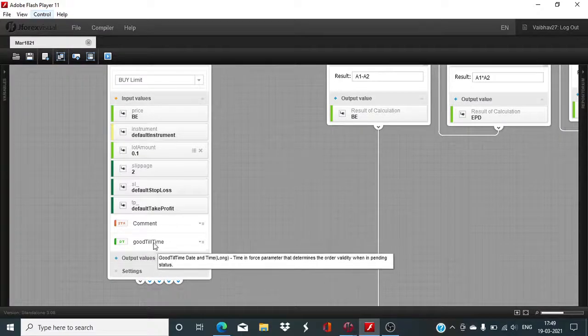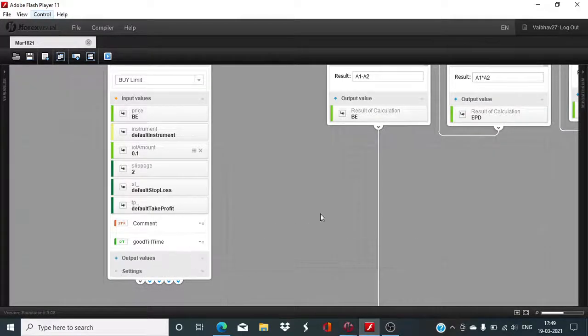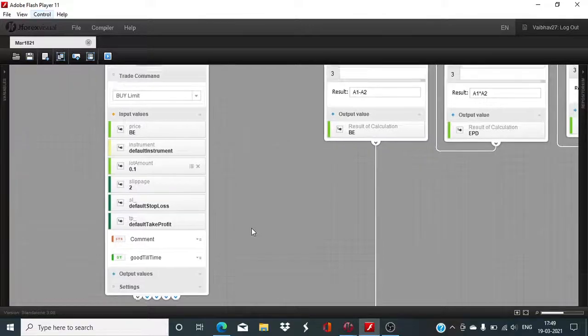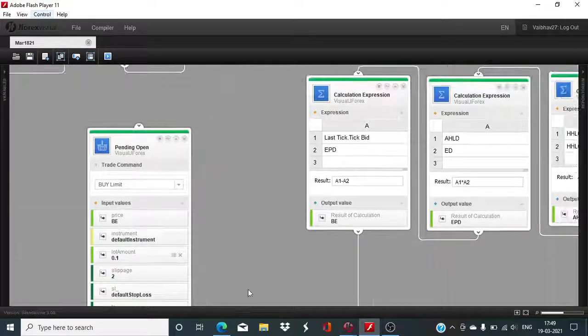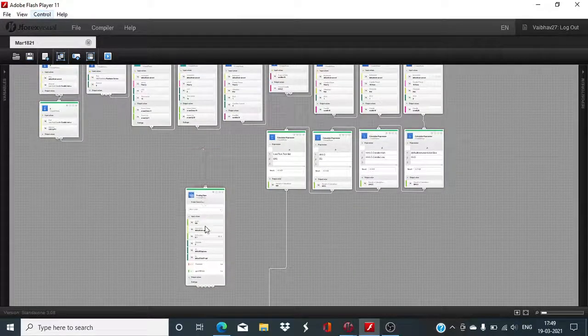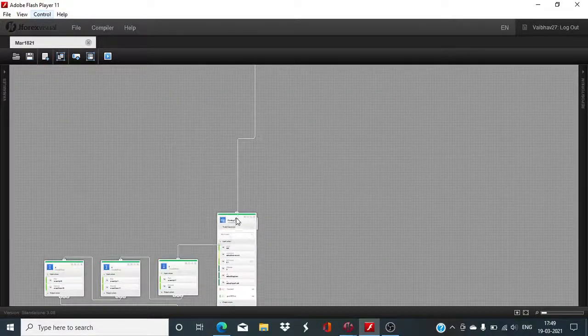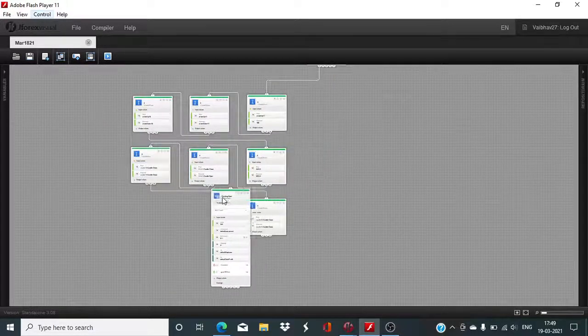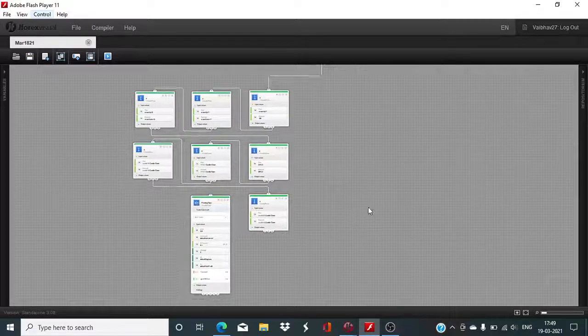Also, we will need to use another calculation expression for defining the order validity. And I think 1 hour or maybe 2 hours should be good enough. So from that also, we will have to create new variables and carry out the calculations to define these variables. Okay.